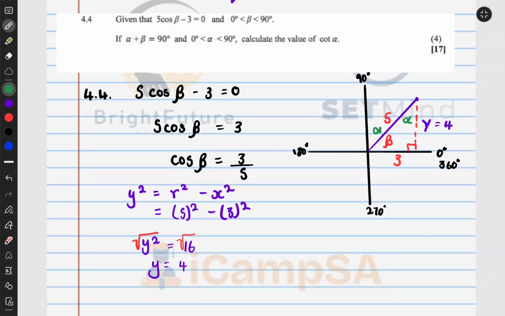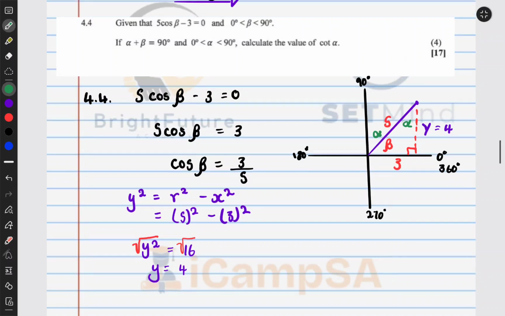In fact, let's just use that one, it will be far simpler. It's also this angle here, since they are equal to 90 degrees. If we know that alpha plus beta is 90 degrees and beta is this angle here, that means alpha is this angle here. But look at the alternating angles also, so it's the same thing.